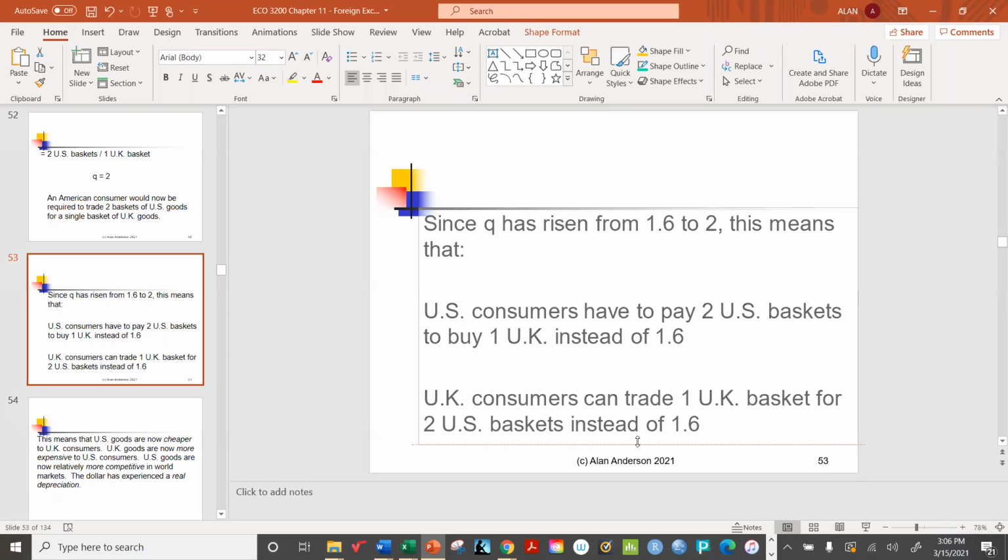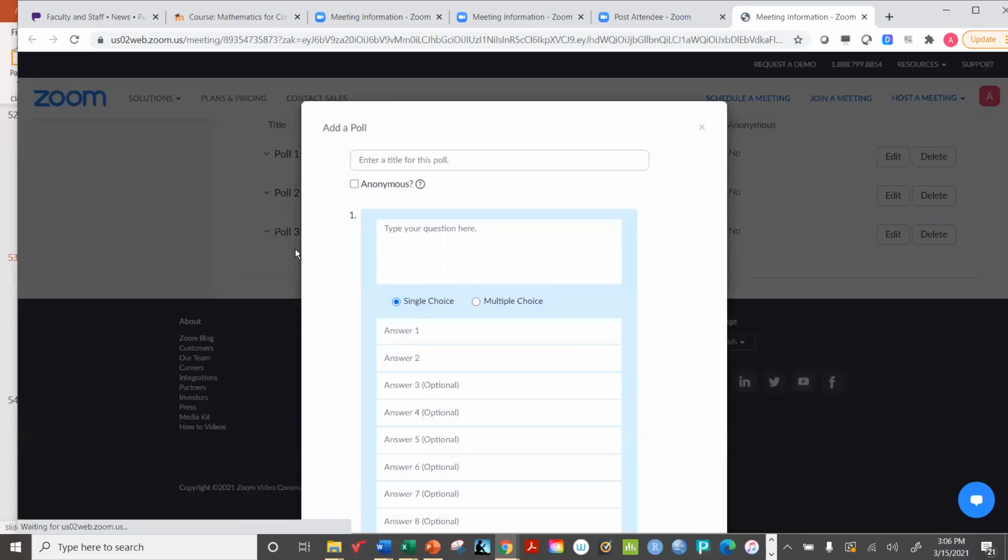Well, you know what? Why don't we turn this into a poll? Let's do that. If the real exchange rate rises like we did here, what should happen to the US balance of payments, or in other words, the trade balance? Well, there are really three possibilities.